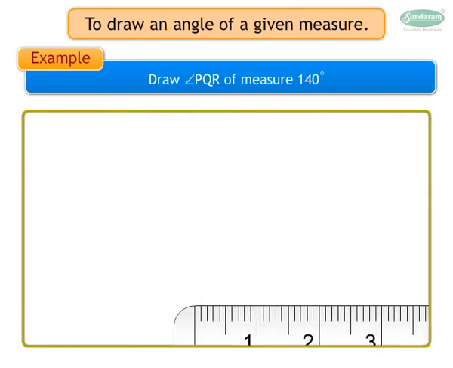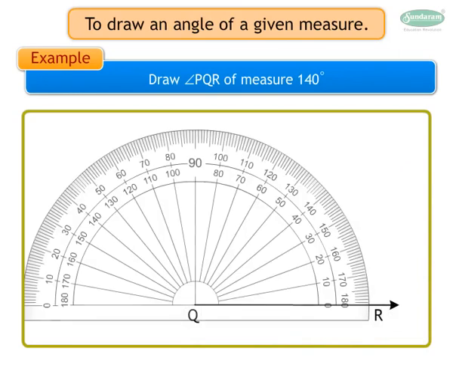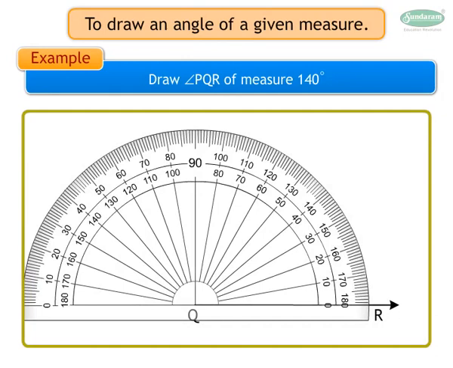First, draw a ray QR with the help of a ruler. We have to draw an angle of 140 degrees at point Q. Place the center of the protractor on Q so that the zero of the protractor lies on ray QR. If necessary, extend ray QR.